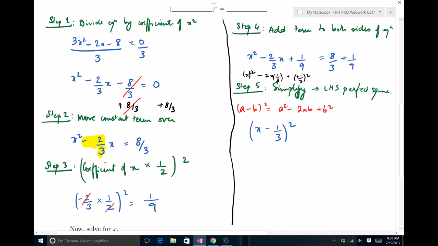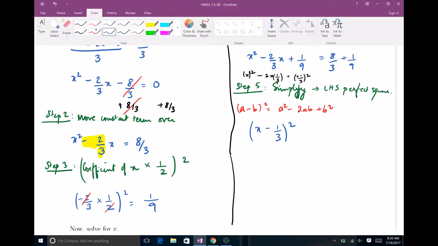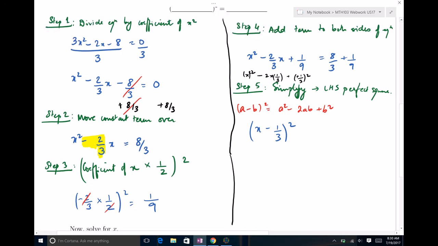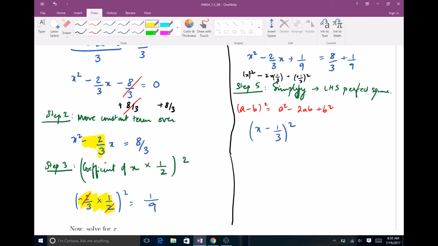If you don't want to remember the formula, an easy trick is to go back to the coefficient of x times 1/2 that you squared, which was negative 1/3. It's just going to be x plus that term, the whole squared.